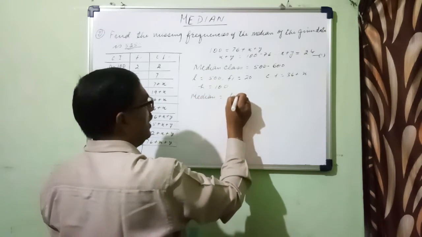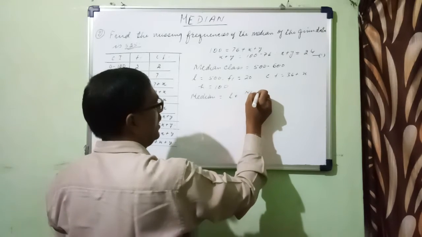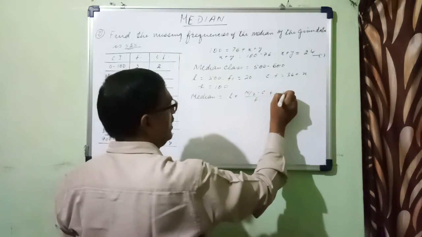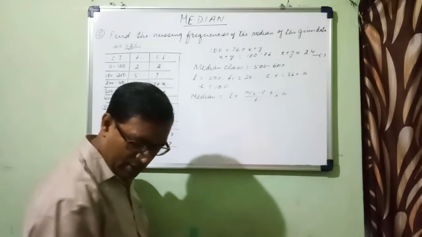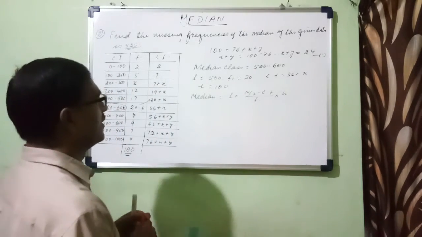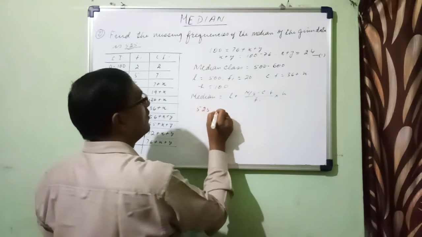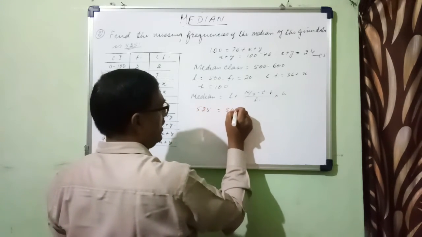Therefore median is equal to L plus n by 2 minus CF divided by Fi into H. What is the median given? This is given 525. L is 500.